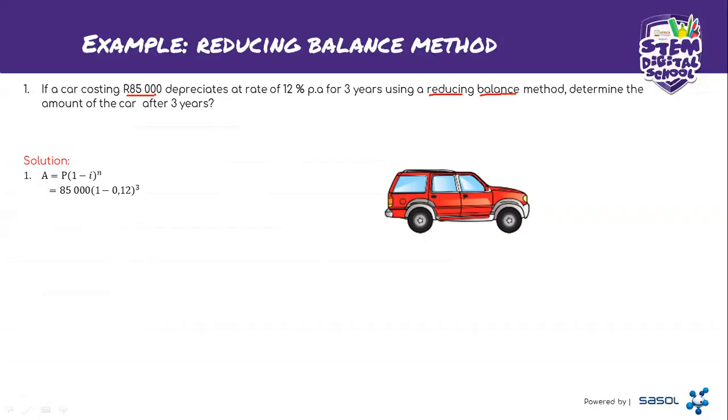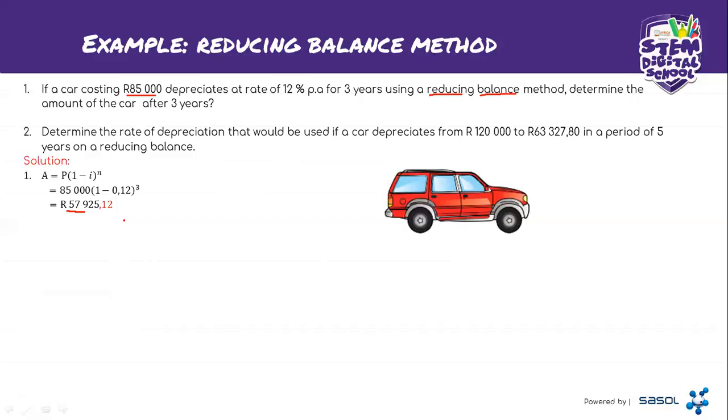And then the amount that we're going to determine after that is going to be 57,925.012. So you can see the future value is less than the present value because the car depreciates. It loses value. Then let's proceed.